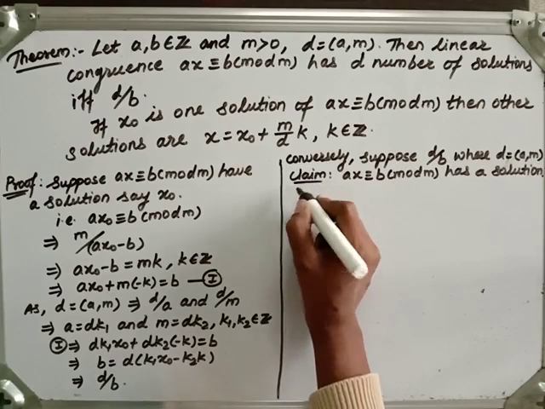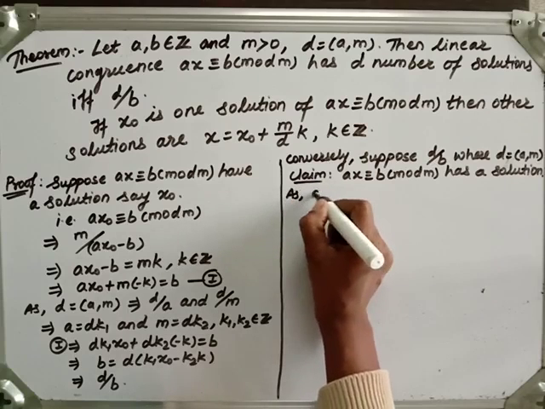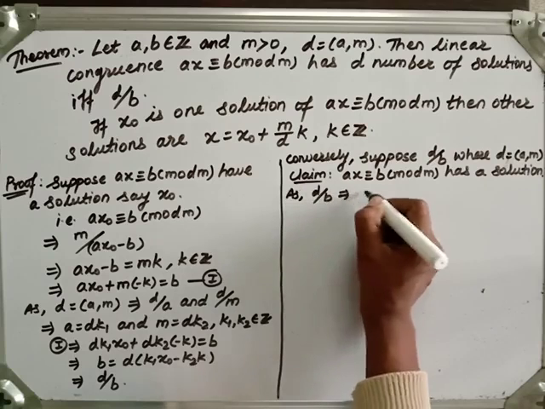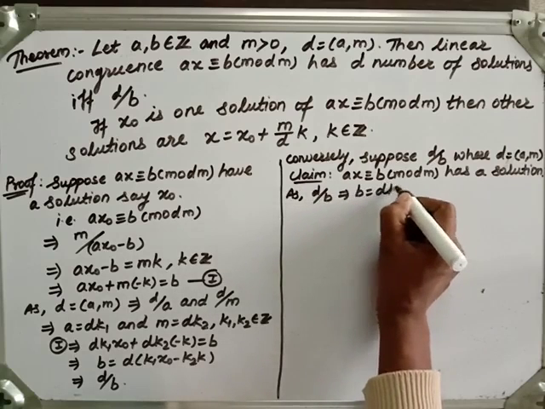Fine. So as D divides B, this says B is equal to D into some integer.